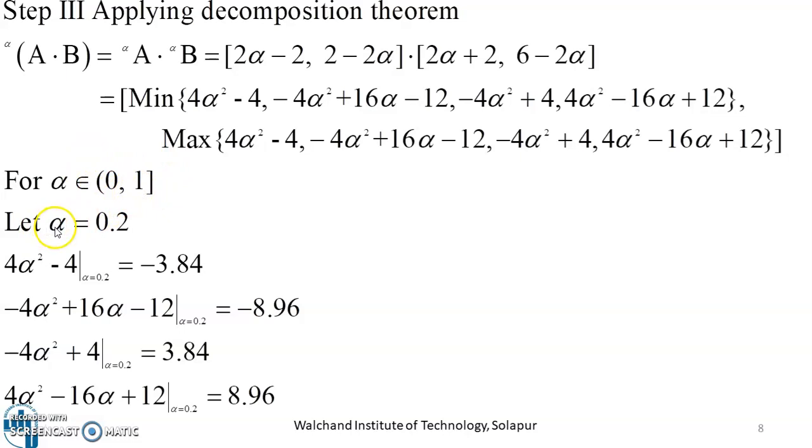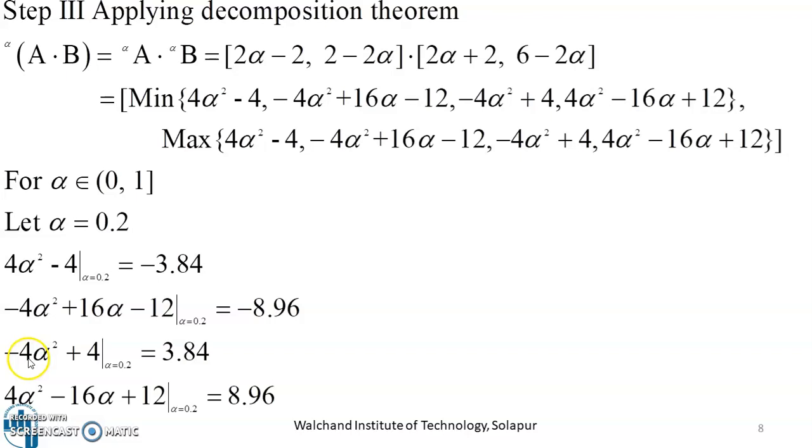Let me consider one arbitrary number, say alpha equal to 0.2. Now calculating the values of these four expressions at 0.2: first, 4 alpha square minus 4 at alpha equal to 0.2 leads to minus 3.84. The next expression, minus 4 alpha square plus 16 alpha minus 12 at alpha equal to 0.2, is minus 8.96.